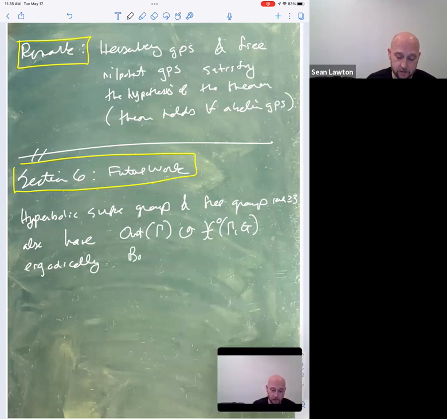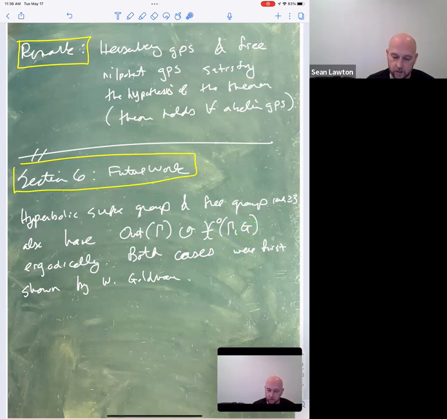And both classes, hyperbolic surface groups and free groups of rank 3 or more, were first shown for Lie groups G that were basically rank 1 or locally products of rank 1 groups, shown by Goldman.